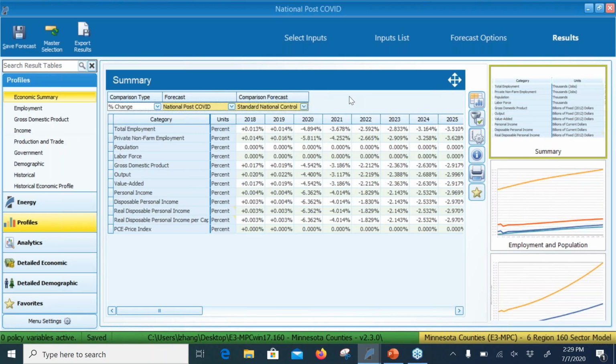So here what this is saying is, compared to the scenario without COVID, we're seeing about a 5% drop in unemployment, about a 4.5% drop in GDP.